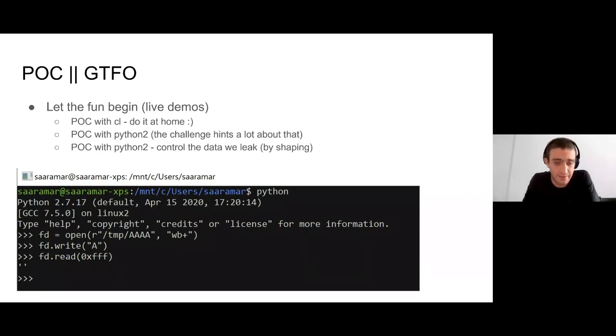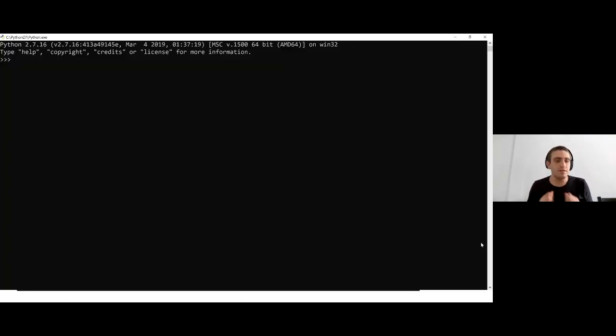But before that, let's just see this very short POC in Python 2 again. This actually runs under Linux, because I want to show you that in a normal and correct behavior, the read call returns an empty buffer, just like we would expect. Okay, now let's see what happens under Windows. So let's run Python 2, and define the following function that will actually trigger the bug.